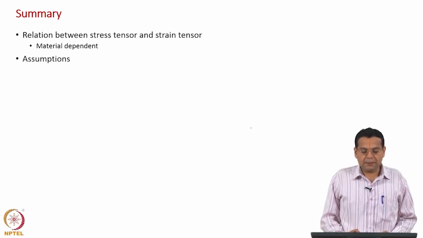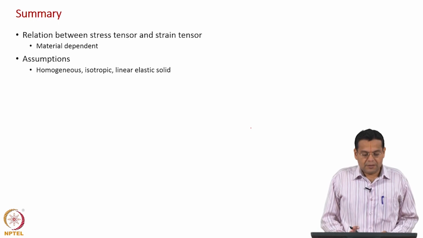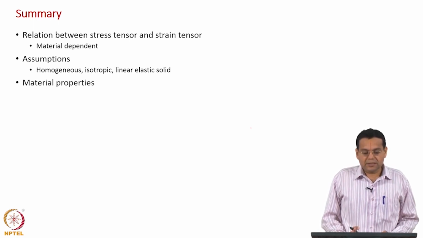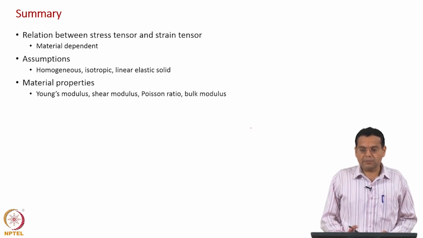Because it is material dependent, we had to discuss the assumptions. The assumptions are homogeneous, isotropic, linear, elastic solid. We also discussed different material properties, namely Young's modulus, shear modulus, Poisson ratio, and bulk modulus.